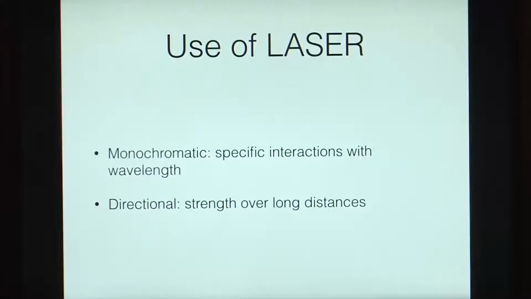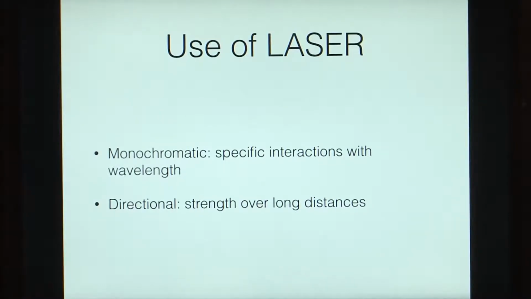If you illuminated it with green colored light, you would see a green colored leaf. If you illuminated it with blue colored light, you would again see a black colored leaf, because different wavelengths interact with the same object in different manners. So by using a monochromatic beam of light, we ensure that we have specific interactions with that wavelength.